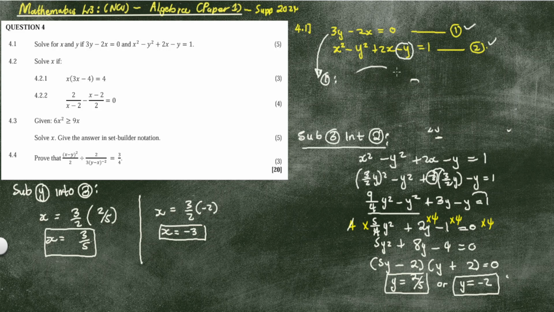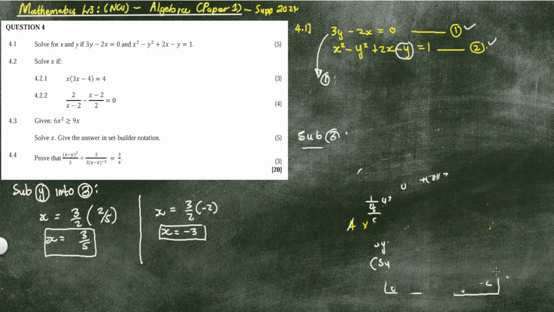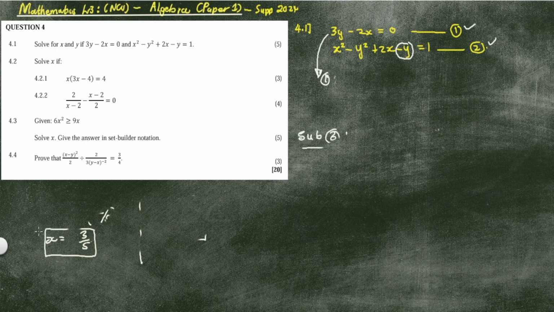Let me just erase this part. Say we decide to take the second equation. I'm not going to solve the whole thing. We are done with 4.1. I just want to see something.